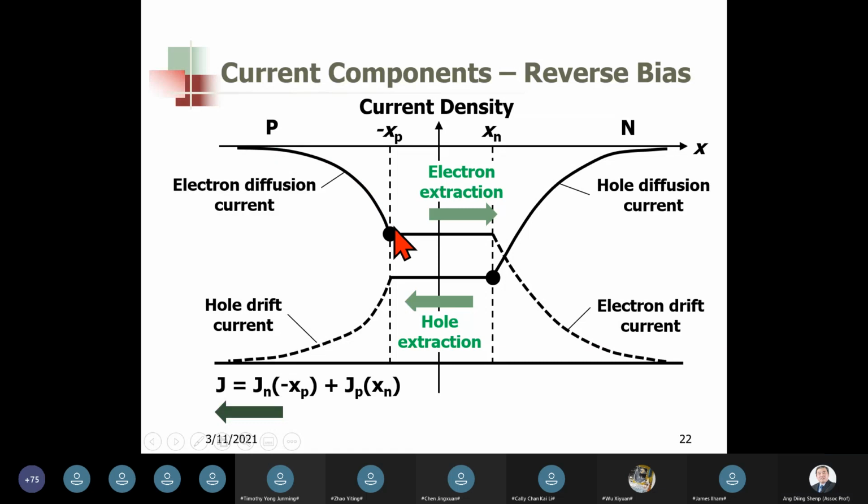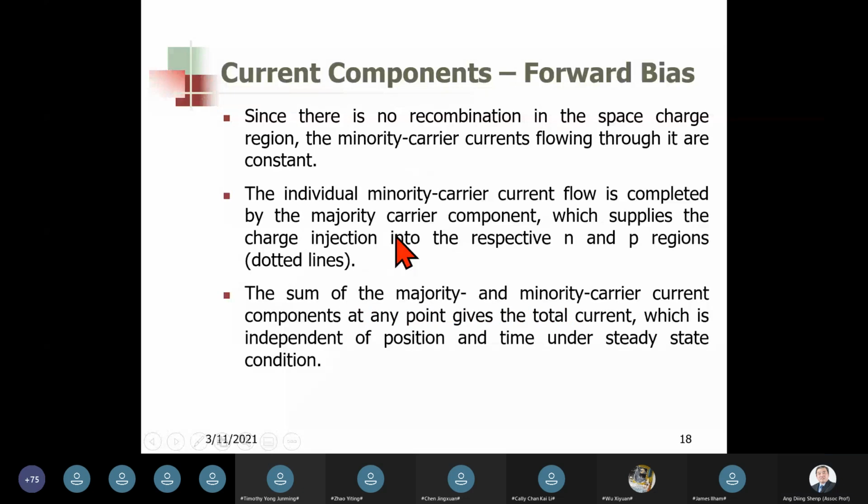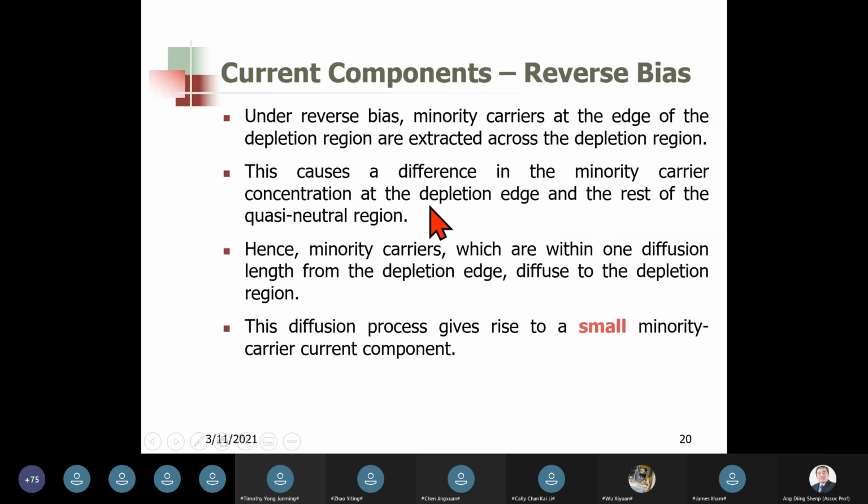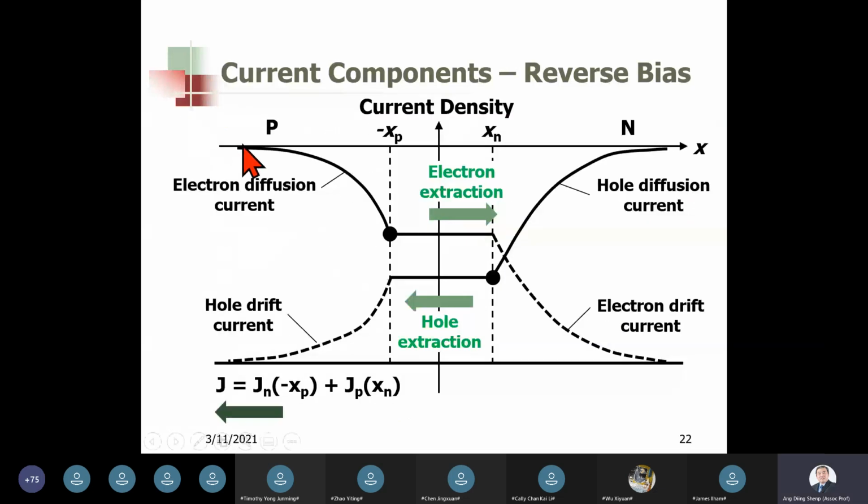The equation describing this electron diffusion current is the same as earlier. Remember, this electron diffusion current exists because of the concentration gradient created by the extraction process, and what supplies this electron diffusion current is the thermal generation process.